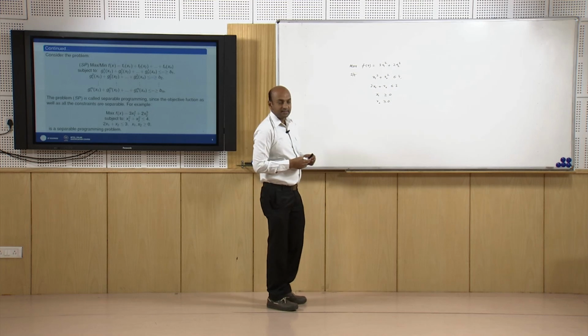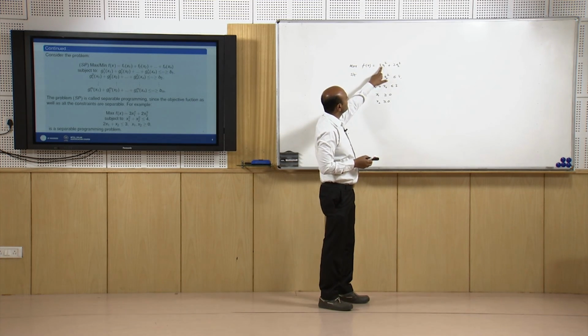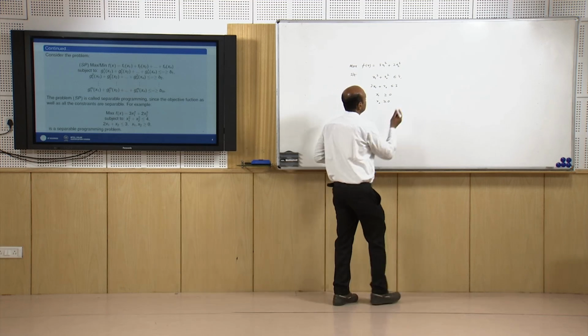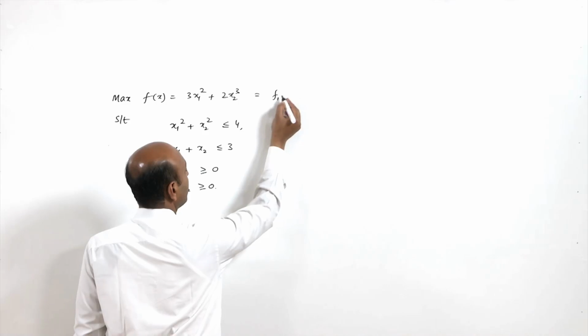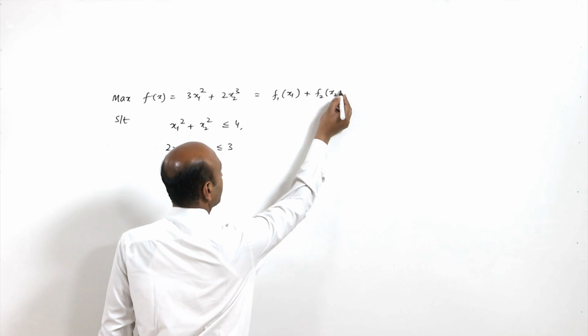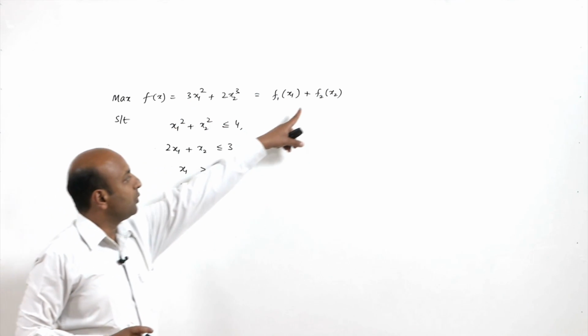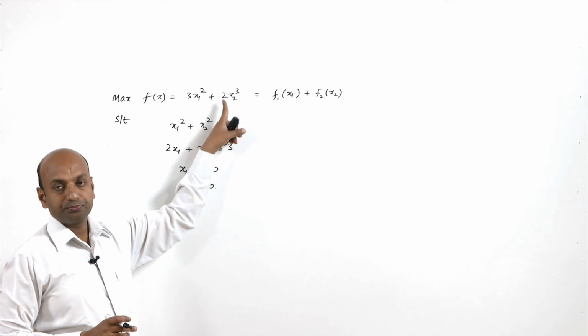So, here you can easily see that the objective function is separable because we can easily write this as f1(x1) plus f2(x2), where f1(x1) is 3x1 square and f2(x2) is 2x2 cube.